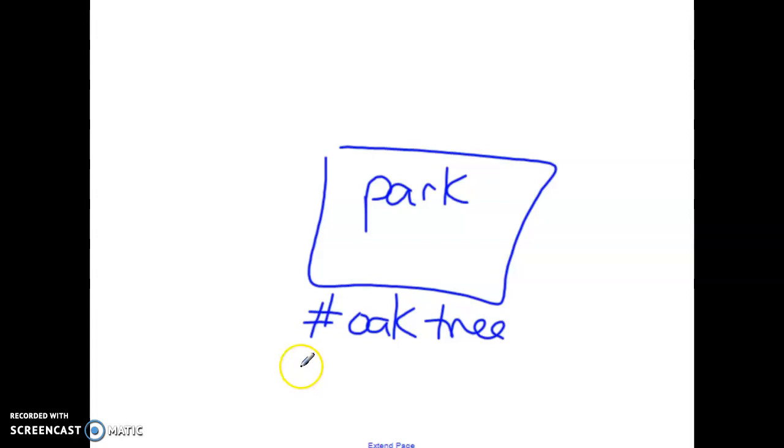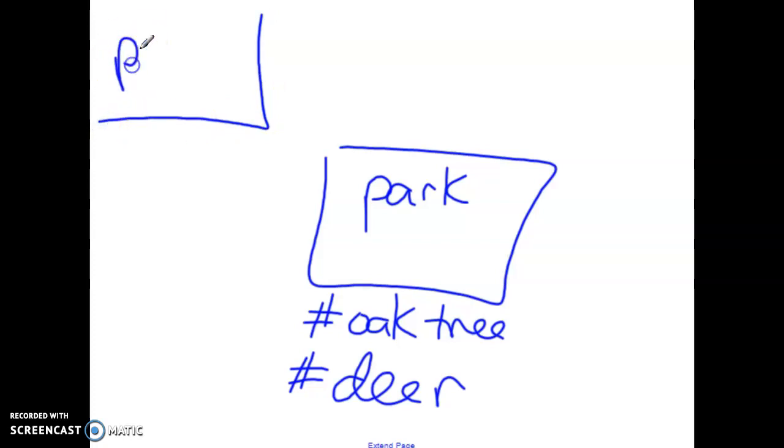But let's say we were looking at the number of deer in that park. Well, there might be another park way down over here that the deer are at. Why did I pick an animal that I know for sure I cannot draw? Okay, so we have a deer that's here. Let's say food is starting to run low. Well, that deer, or several of them, may move into a different park.